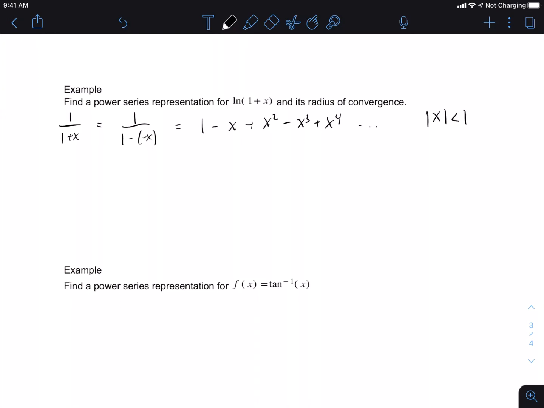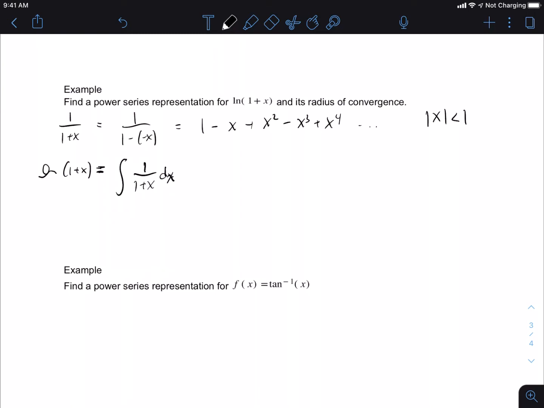Well, something interesting here is if I have ln of 1 plus x, isn't that equal to the integral of 1 over 1 plus x dx?